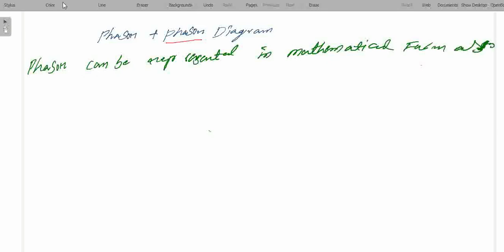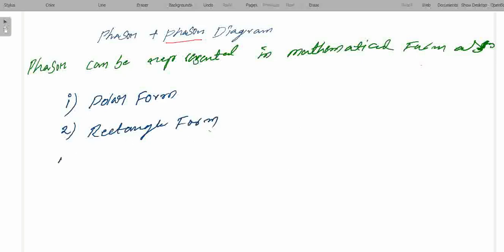So what are the mathematical forms? A phasor can be represented in polar form, rectangular form, and exponential form.